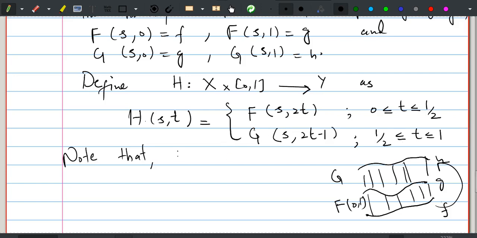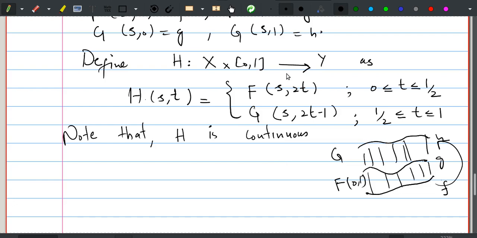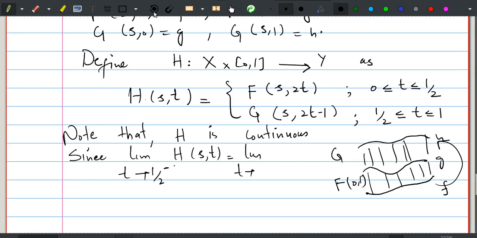Note that H is continuous since the limit as t goes to half from the left of H of (s,t) is the same as the limit as t goes to half of F of (s, 2t). So this is F of (s,1), and that is g.